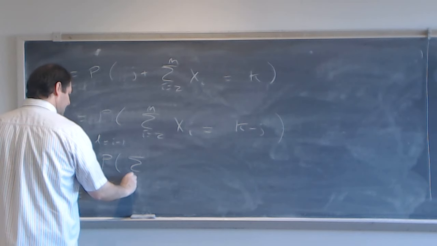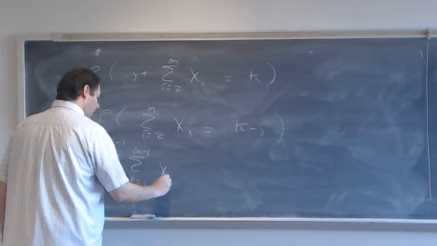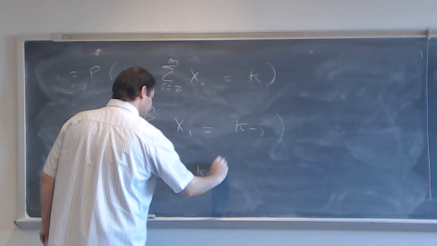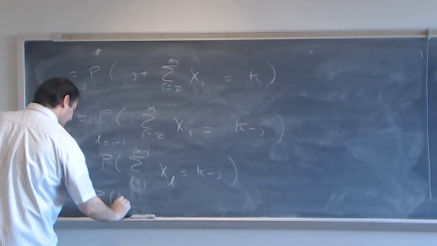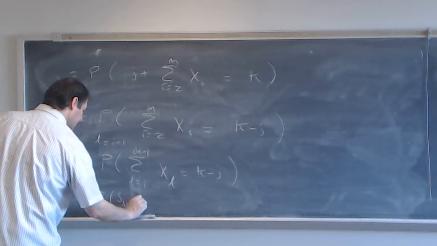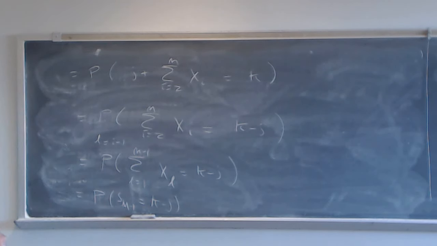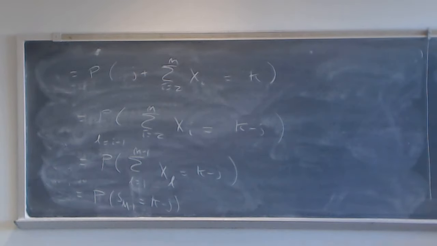So this would be the same thing as L running from 1 to m minus 1 of x sub L equals k minus j. But that's the same thing as the probability that S of m minus 1 is equal to k minus j. That was something that was involved in the conclusion. So let's summarize where we are.